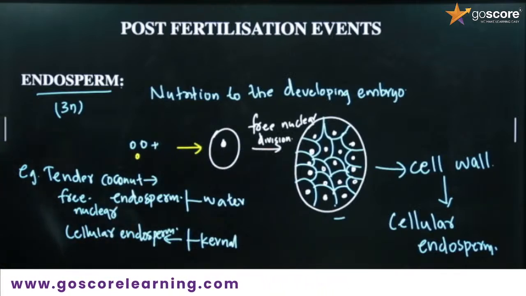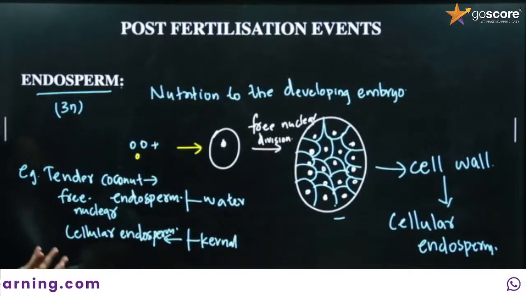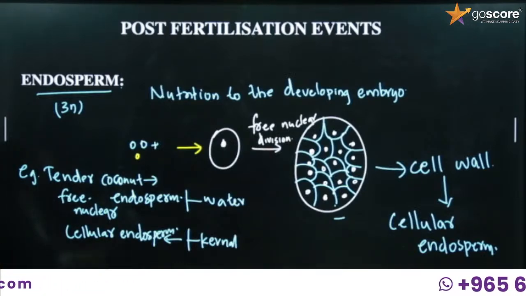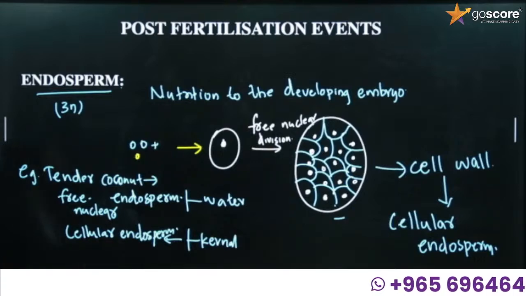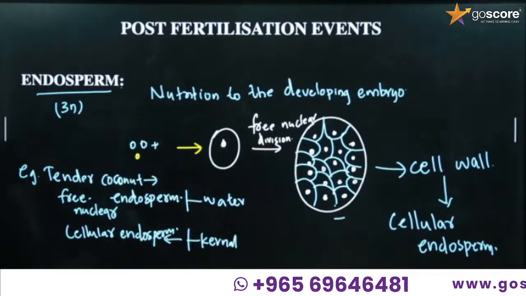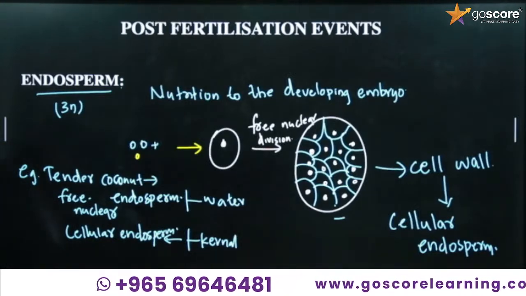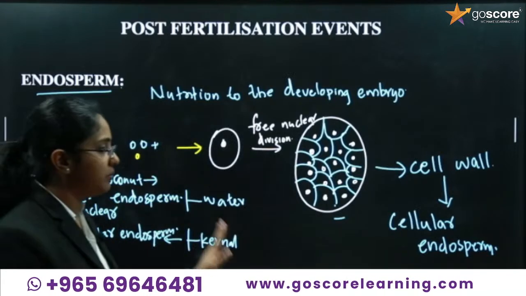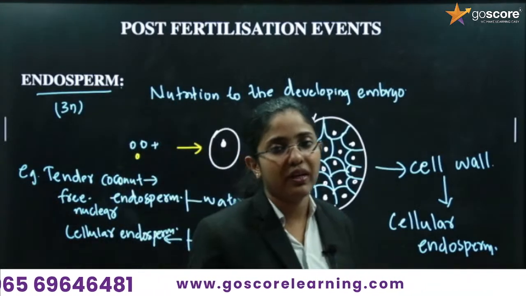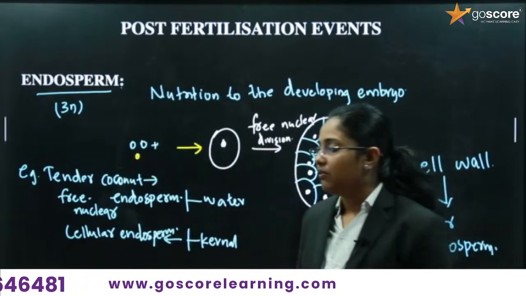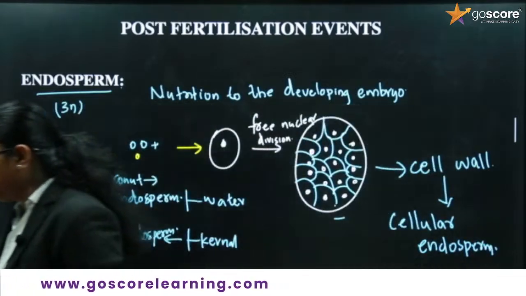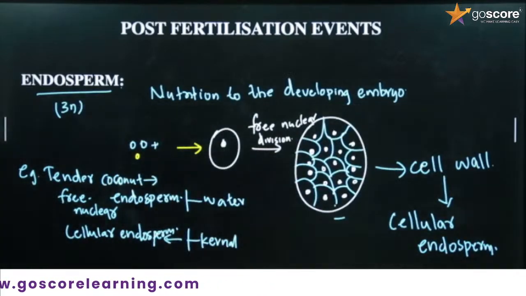When the embryo is developing, the free nuclear endosperm acts as nourishment for many weeks or days. Is it clear about endosperm? You got a clear picture of endosperm, right? Fine.